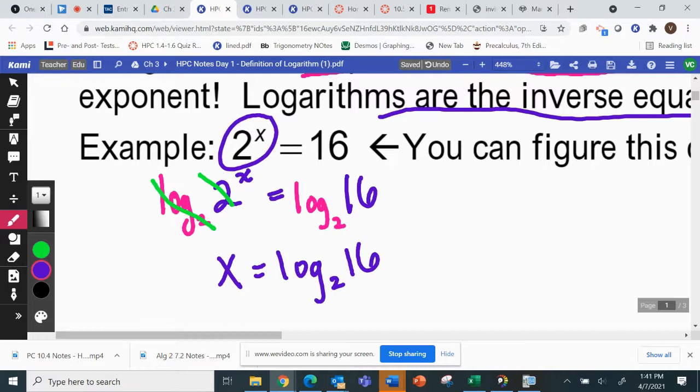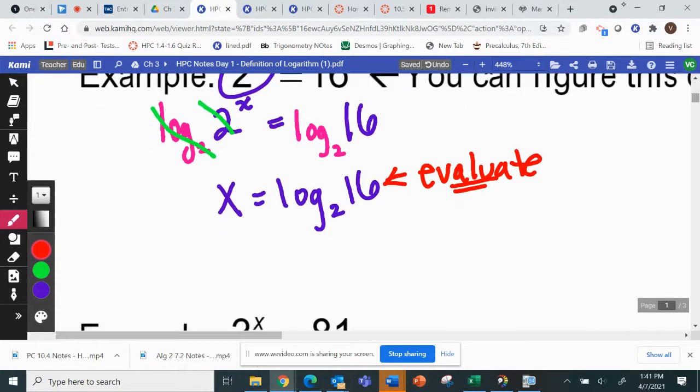So now I have x isolated by itself. I just need to evaluate the other side. Evaluate means we're going to find one value. So instead of log base 2 of 16, we're going to find what that value is. Now I said log is finding the exponent.